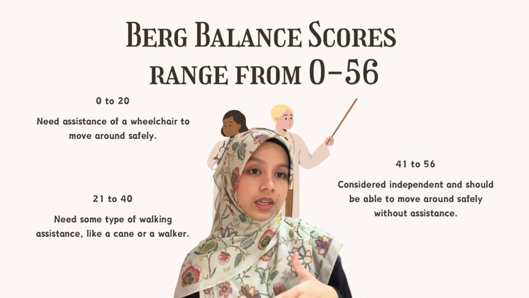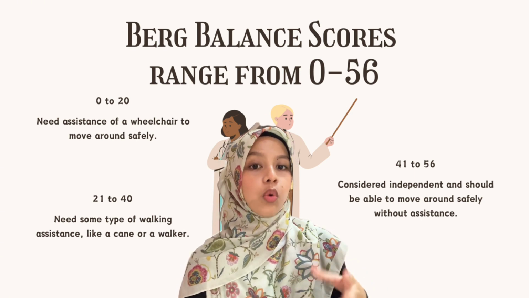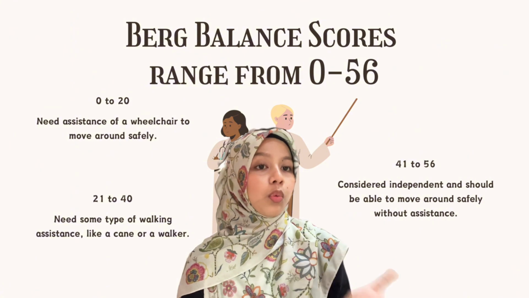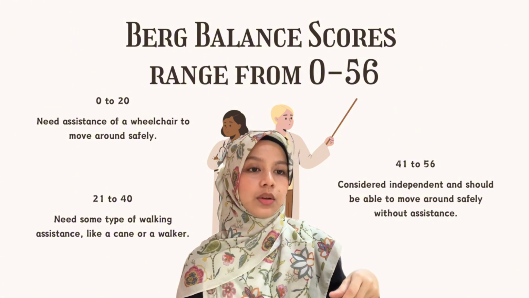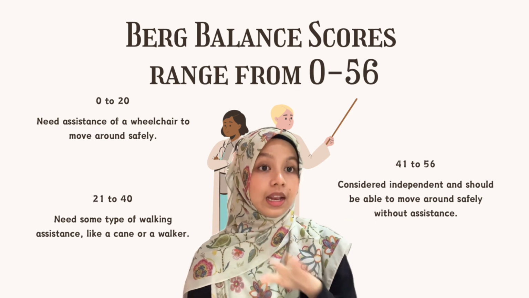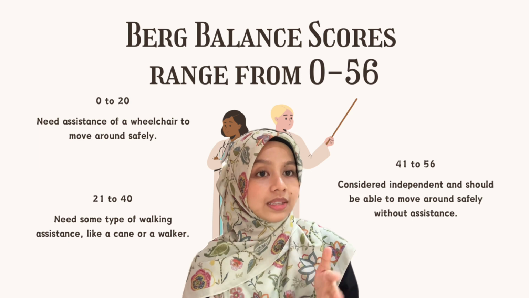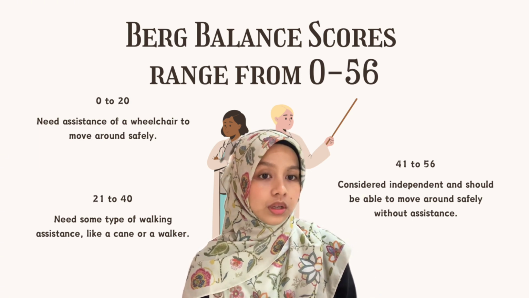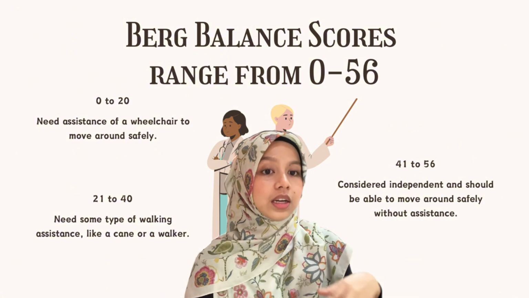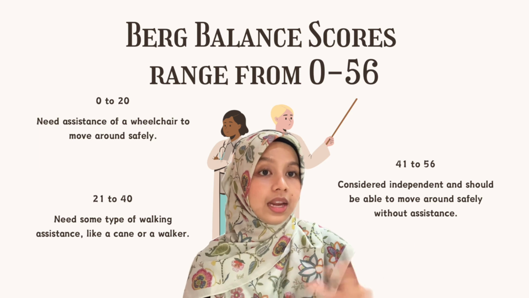Individuals in this range need walking assistance, like a walker, crutches, walking frame, and so on. The last one is 41 to 56. A person with a score in this range is considered independent, and should be able to move around safely without any assistance.